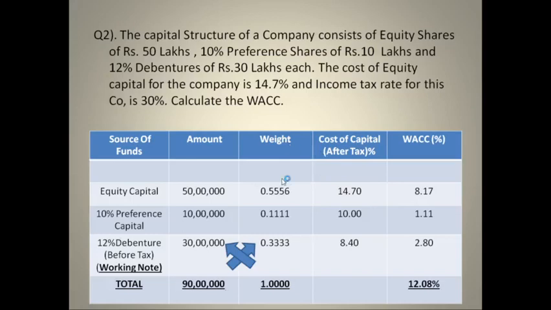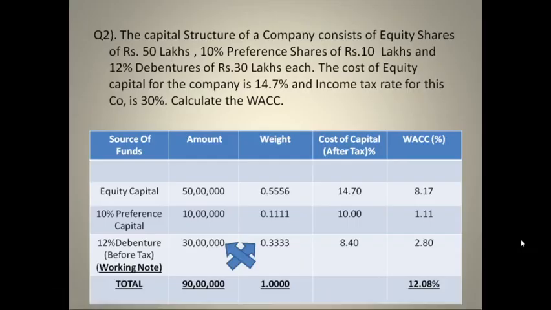Similarly, if 30 lakhs is 0.333, then 10 lakhs is how much? Again cross multiply and we get 0.111. And if 10 lakhs is 0.111, then 50 lakhs is how much? Again we cross multiply and get the final answer as 0.556.